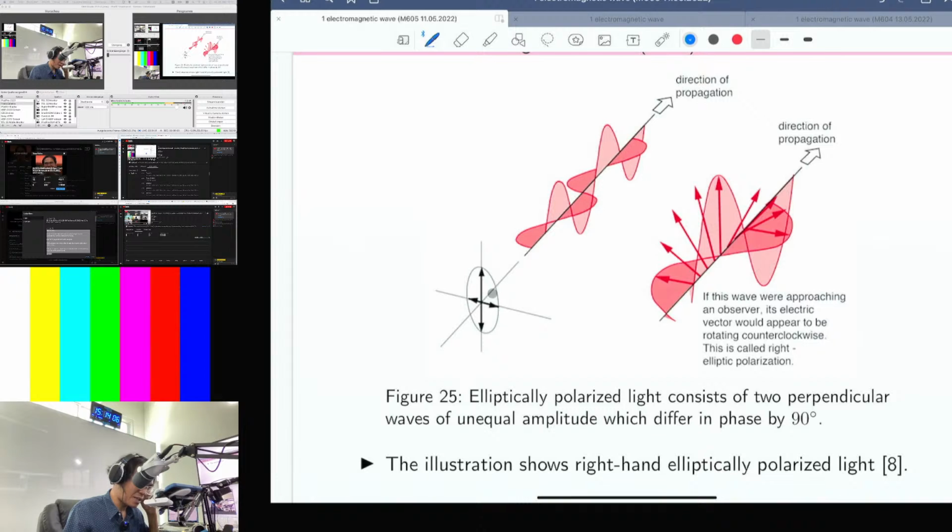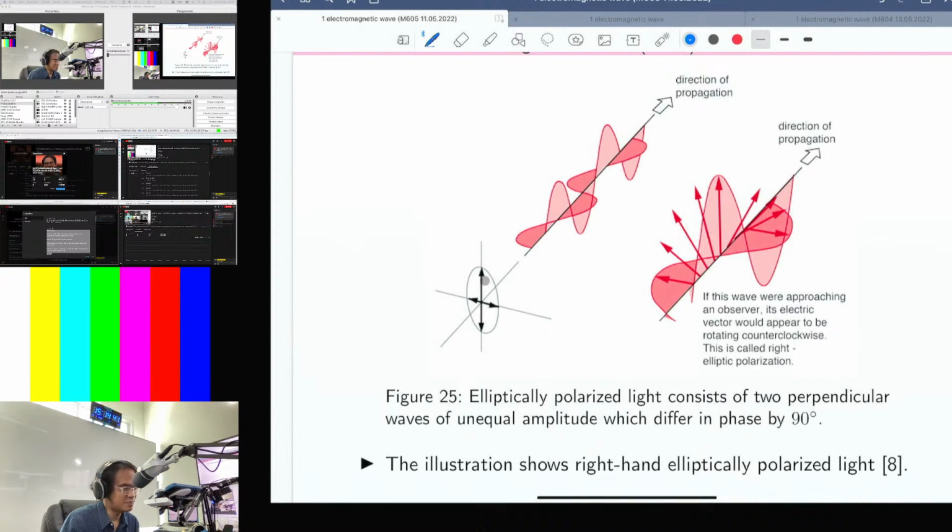And once you rotate everything from the arrow, you will get an elliptical shape, or sometimes we say oval shape. Once it rotates, because it's a mix of two components of the electric field, of course it's again right hand, but the shape is not a circle.